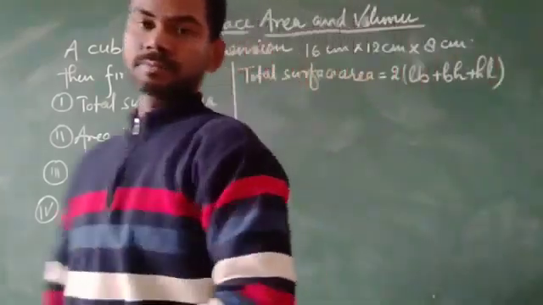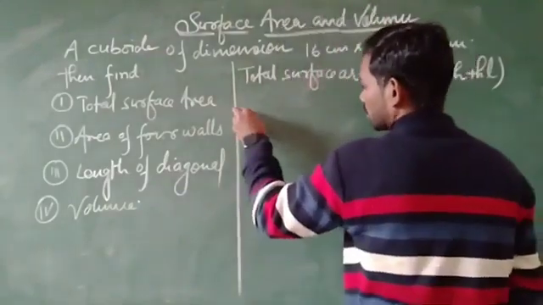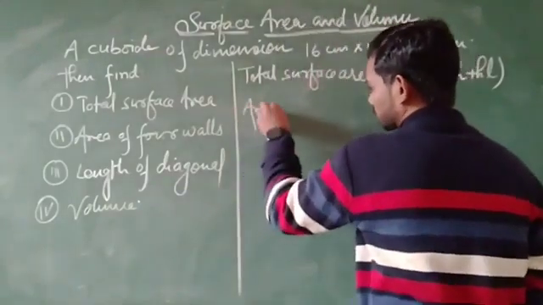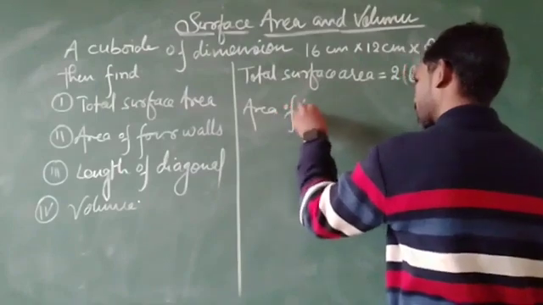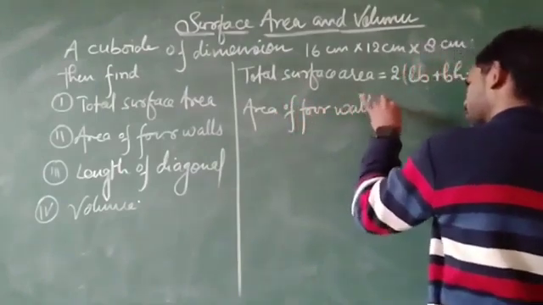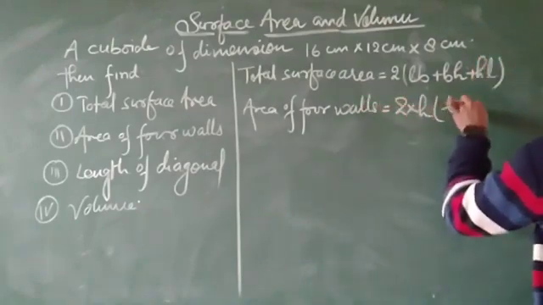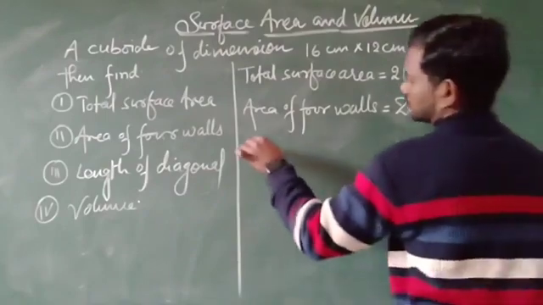This is the formula, and the formula for the area of walls is equal to 2 into height into (length plus width).